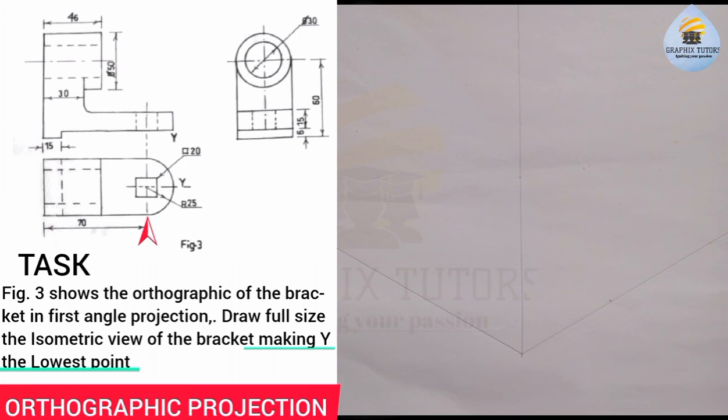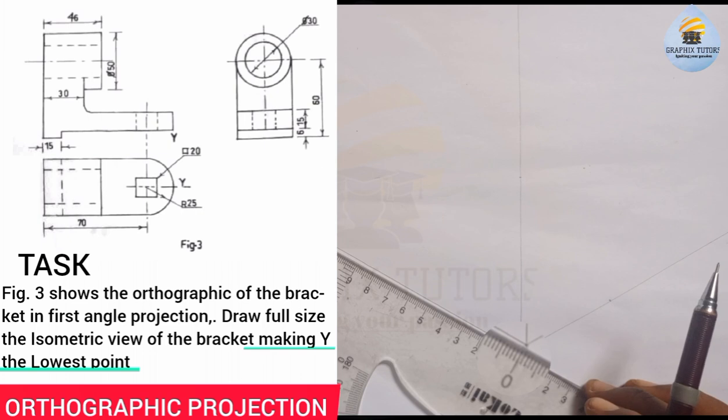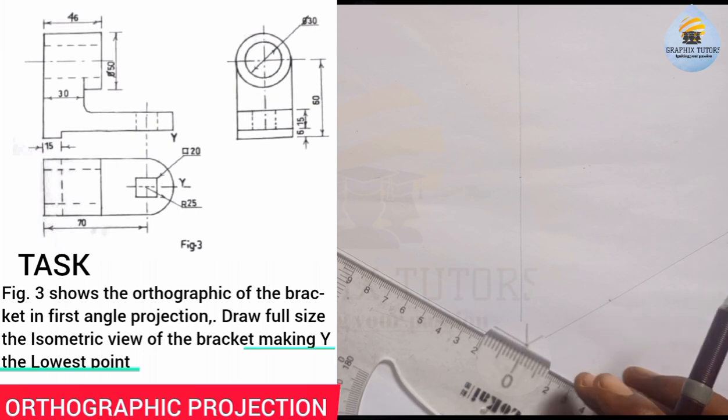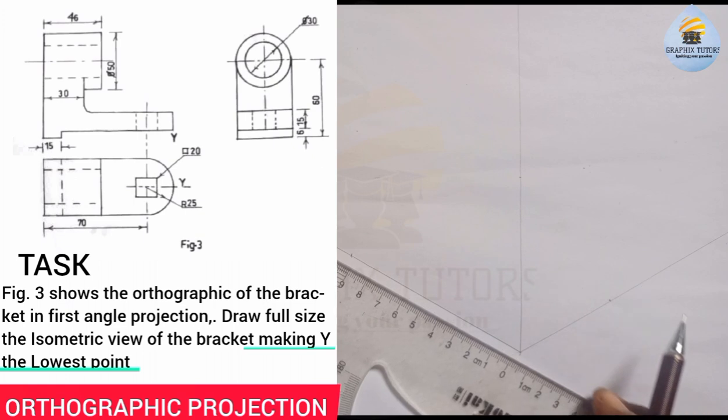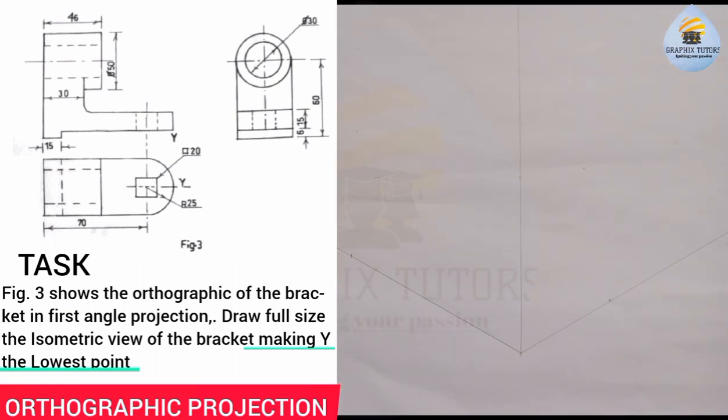Then 50 is 70. So 70 plus 25 will give us 95. So from 0 here to 95.